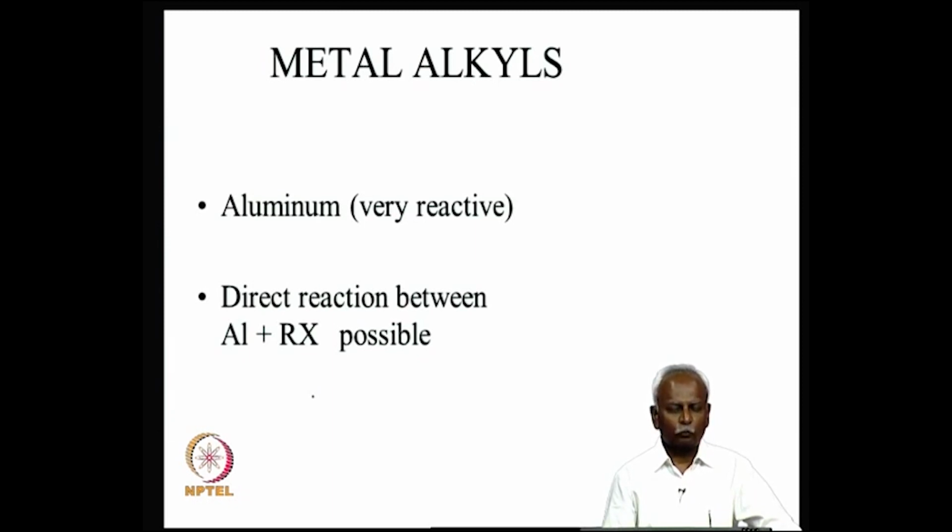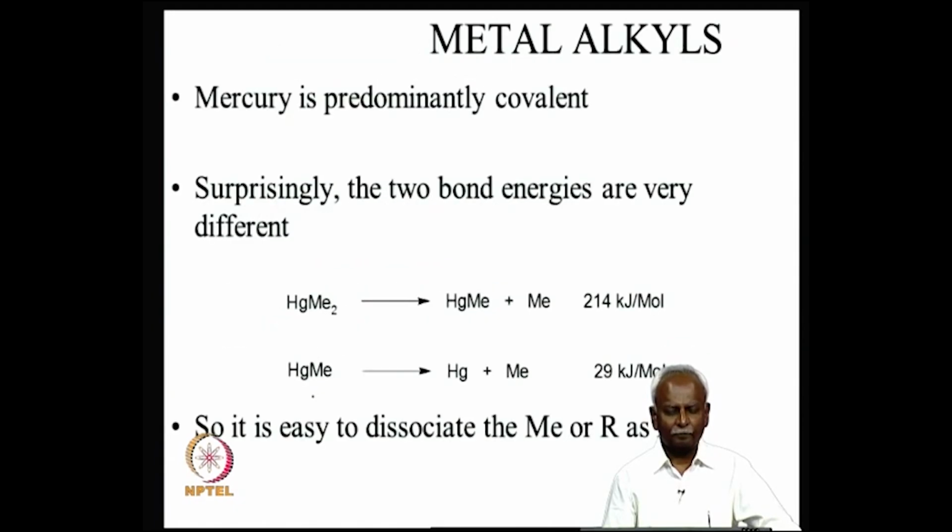Let me now move on to some other species. It is possible in the case of aluminum to react aluminum and RX directly, and in the case of mercury also it is possible to make these molecules with dimethyl mercury and so on.